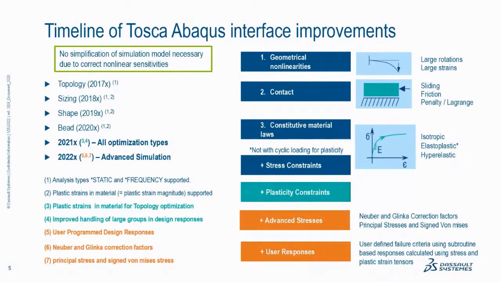This year, our focus is on expanding the range of design responses that can be optimized. And thus, we are introducing user-programmed design responses, principal stresses, and plasticity approximation factors. I will touch on these later in more detail.